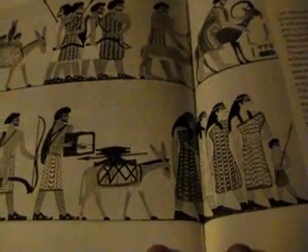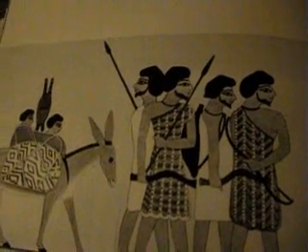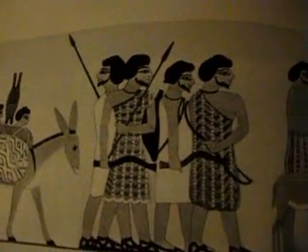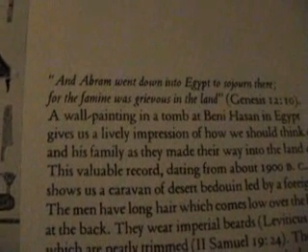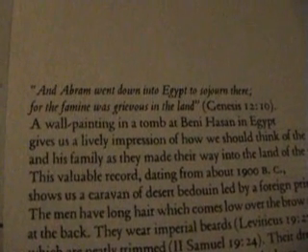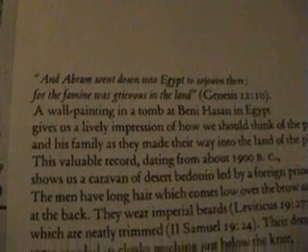These Israelite women, and these are black people. Let's look at their features. Look at these, with their afros and their beards. And over here you see, Abraham went down into Egypt to sojourn there, for the famine was grievous in the land.